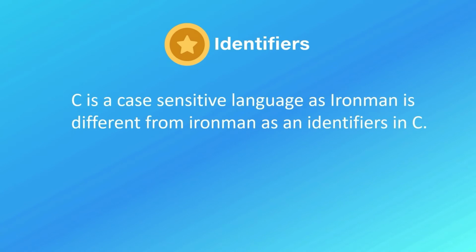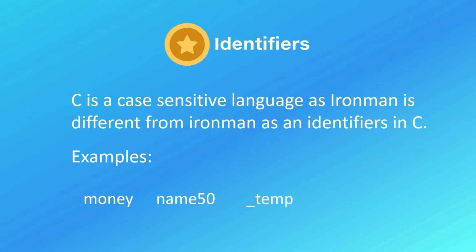And C is a case-sensitive language, as a capital letter Iron Man at first is different from the small letter iron man, because C will interpret it as a different identifier. Examples that could be used as an identifier are: money, name, 50, _temp, and abc123.